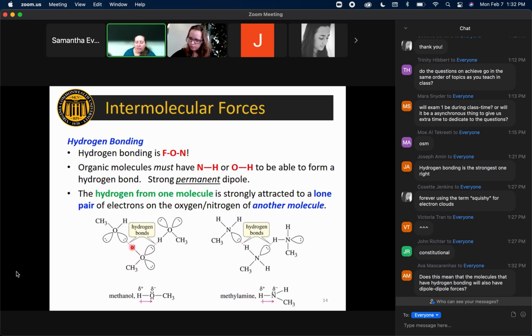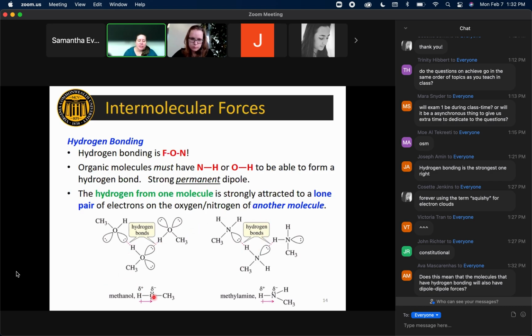They have to be very, very delta positive. So it's only these OH bonds or NH bonds that can do this. The delta positive H creates a strong interaction with a lone pair of electrons on a neighboring atom, on a different atom. And these hydrogen bonds are represented by these dotted lines.